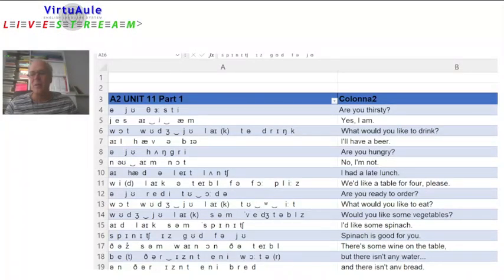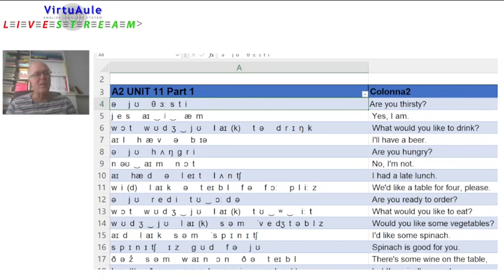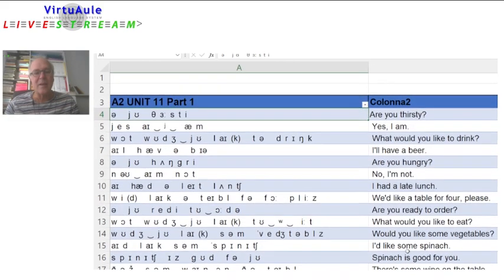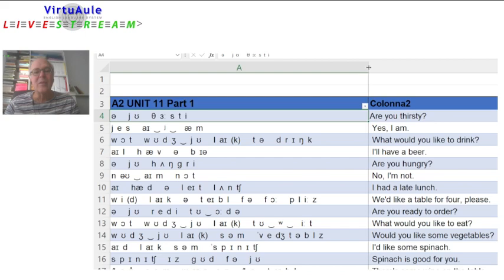Let's begin. We'll start by looking at the groups, and so the procedure is I will say first the phonetics group, and then the English group, and then we will continue.